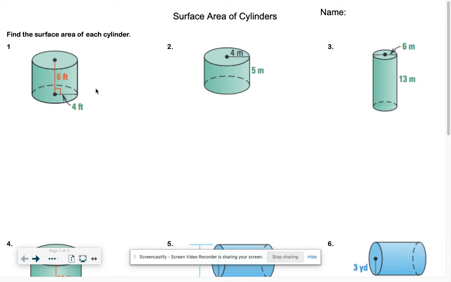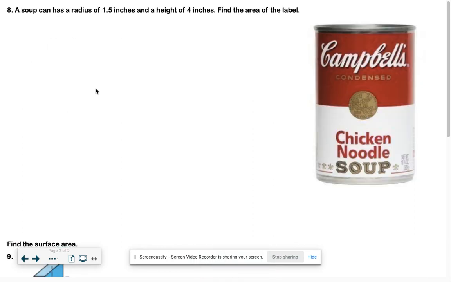I think you guys will be okay on the first page, but let's do number 8. Let's just say the one we just did in our notes. It says a soup can has a radius of 1.5 inches and a height of 4. Find the area of the label.